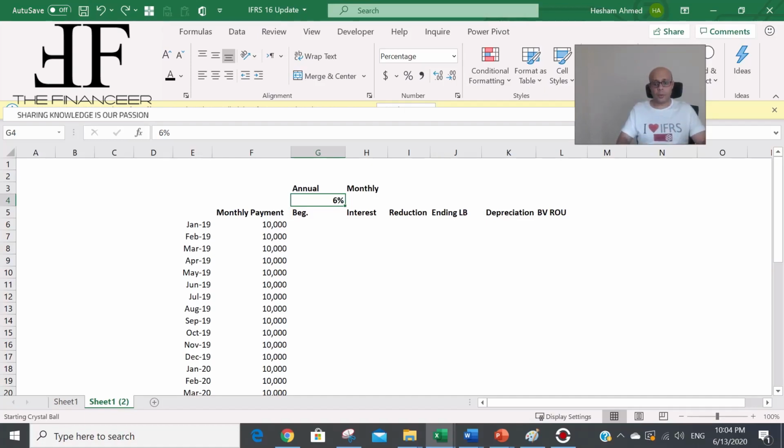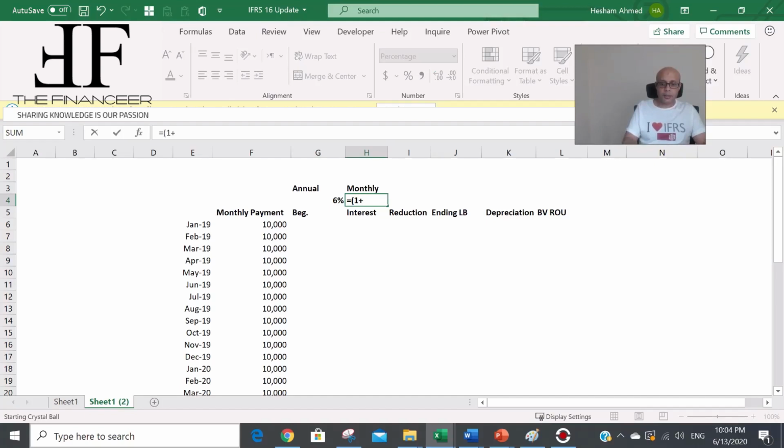Let's understand why. Because your payment is monthly, but you have an annual interest rate, you cannot use an annual interest rate in the discounting process with a monthly payment. In order to convert, we have to use the following equation: 1 plus the annual rate, to the power of 1 divided by 12 (the number of months in the year), minus 1. So the rate on a monthly basis will be 0.49%. This is how to convert from an annual rate to a monthly rate.